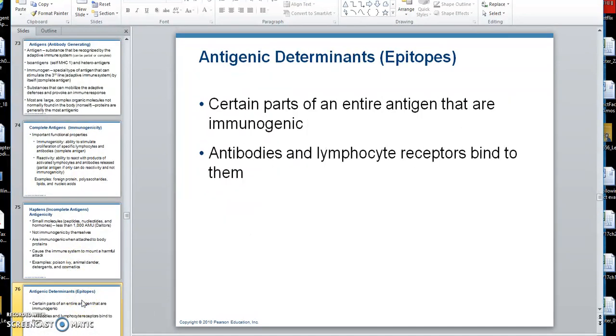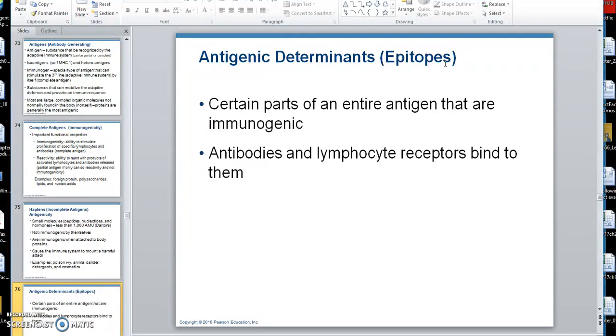Now, let's say a bacteria gets in. The third line is really not looking at the whole bacteria. What it's looking at are certain parts on the surface of that bacteria that we call antigenic determinants or epitopes. So the offender is really on the surface.